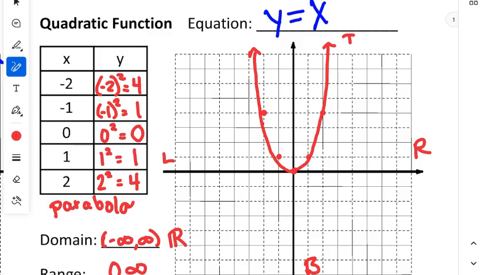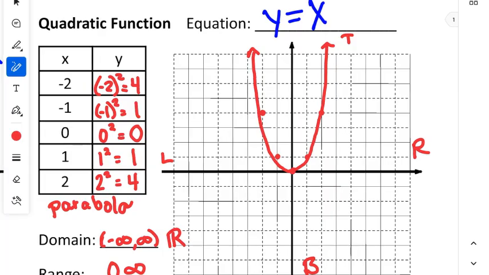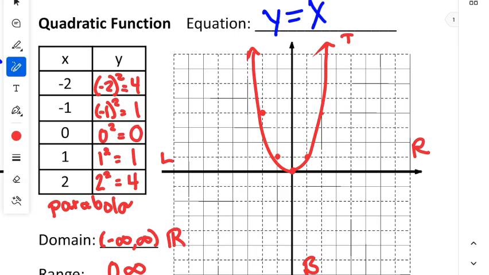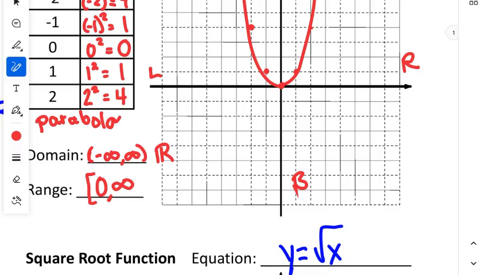Yeah, it starts at 0 to positive infinity because it doesn't go below the x-axis. So we have a parentheses. No, we have a bracket on 0 because it's included. And then a parentheses on infinity because you can't include infinity because it goes on and on forever.